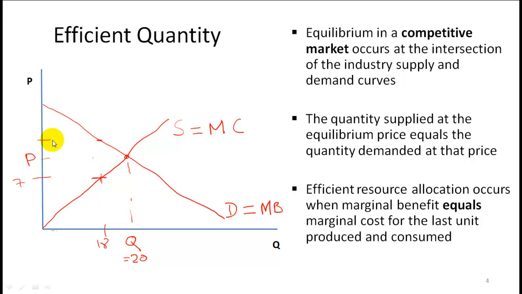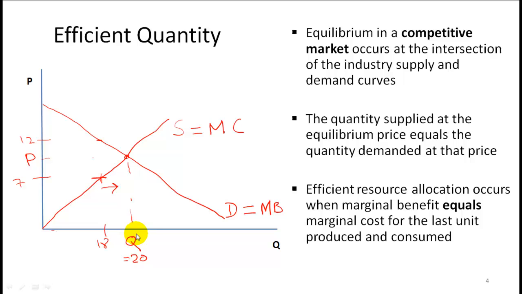So let's say that this is 12. So at a quantity of 18, the benefit to society is more than the cost. So if you are at 18, it makes sense to keep producing more, because as you produce more, the benefit to society continues to be more than the cost to society.